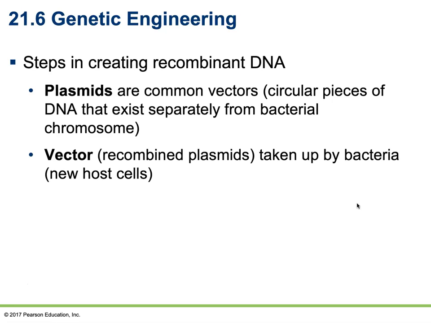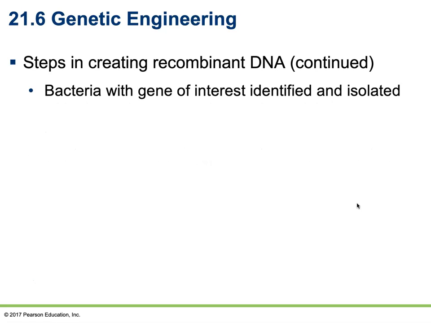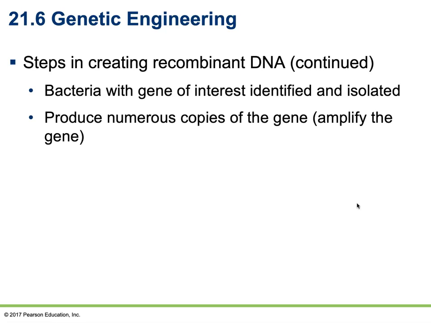A vector is going to be, that recombined plasmid is going to be taken up by that bacteria, which will be our new host cell. The bacteria with the gene of interest will then have to be identified and isolated, and then it's going to produce numerous copies of that gene, or amplify that gene, through a process known as bacterial cloning.